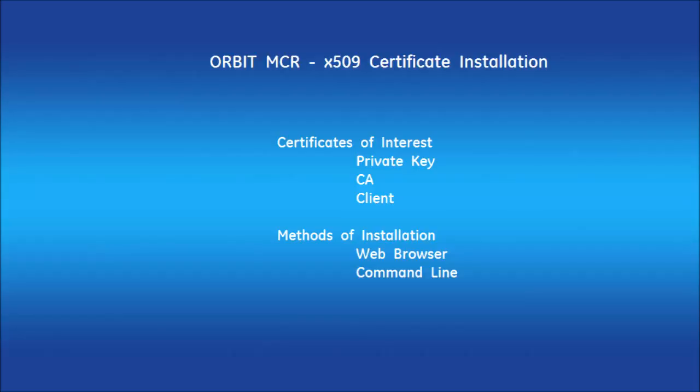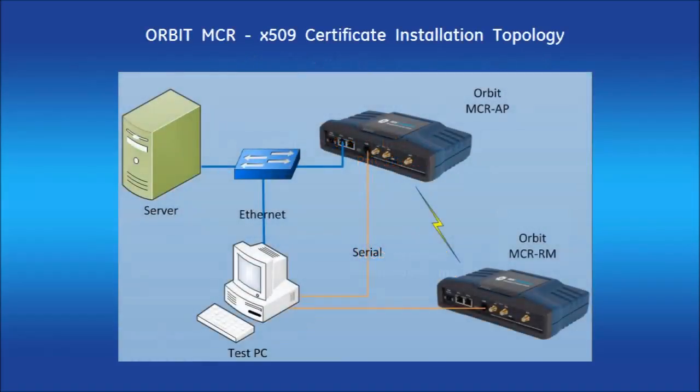line commands. Let's begin by taking a quick look at our simple topology for this video. Shown is our Orbit MCR AP and Orbit MCR remote link. The server will be holding our certificates and will have an active TFTP server to allow for the transfer of the X509 certificates, and our test PC, where we have serial cable connections to the COM port of our Orbit MCR 900 radio.